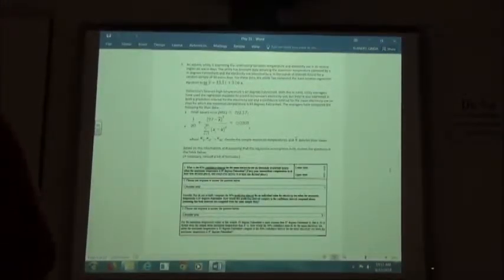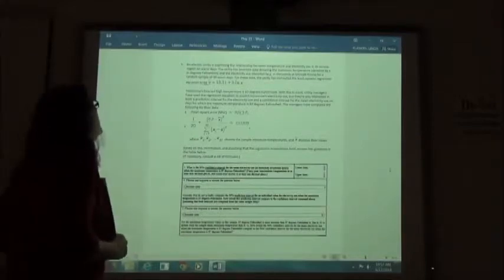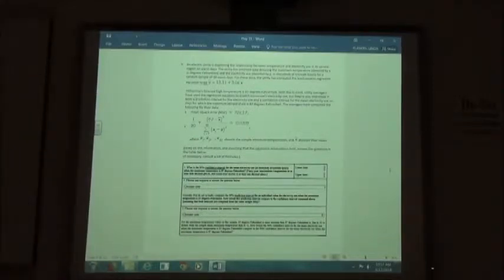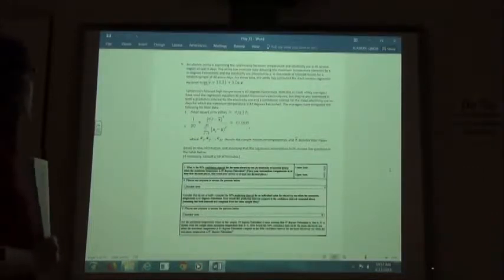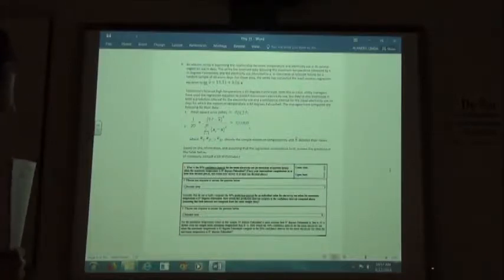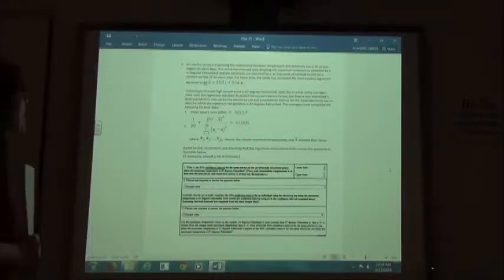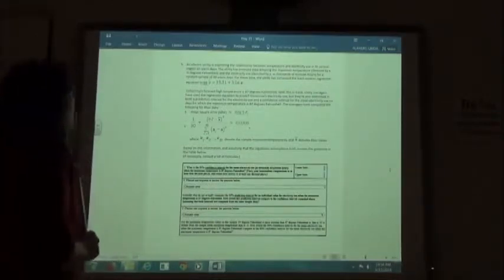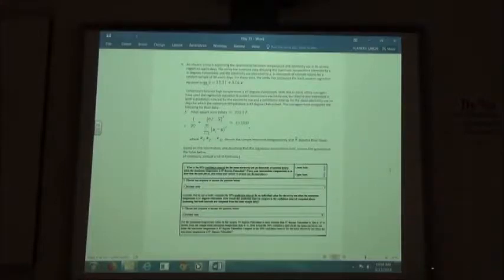All right, on number 5 here it says an electric utility is examining the relationship between temperature and electricity use in its service region on warm days. The utility has bivariate data detailing the maximum temperature denoted by X in degrees Fahrenheit and the electricity used denoted by Y in thousands of kilowatt hours for a sample of 30 warm days.